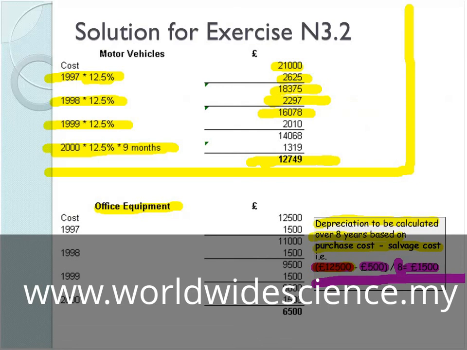For example, after 8 years of use, you can resell this equipment and get some cash, like 500. This means that after the usage of any equipment, any assets, you can resell it, for example, and get some kind of money.